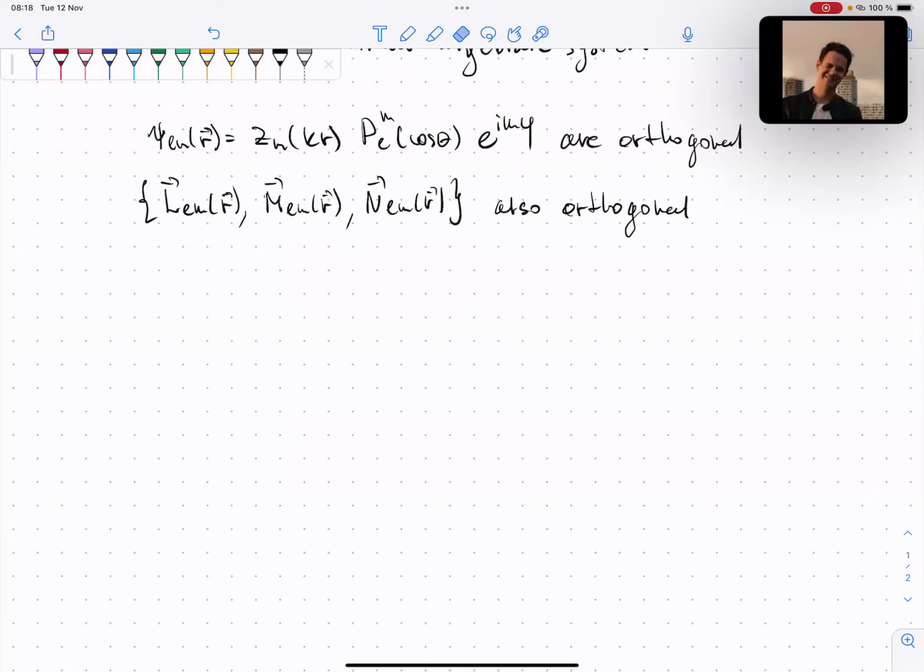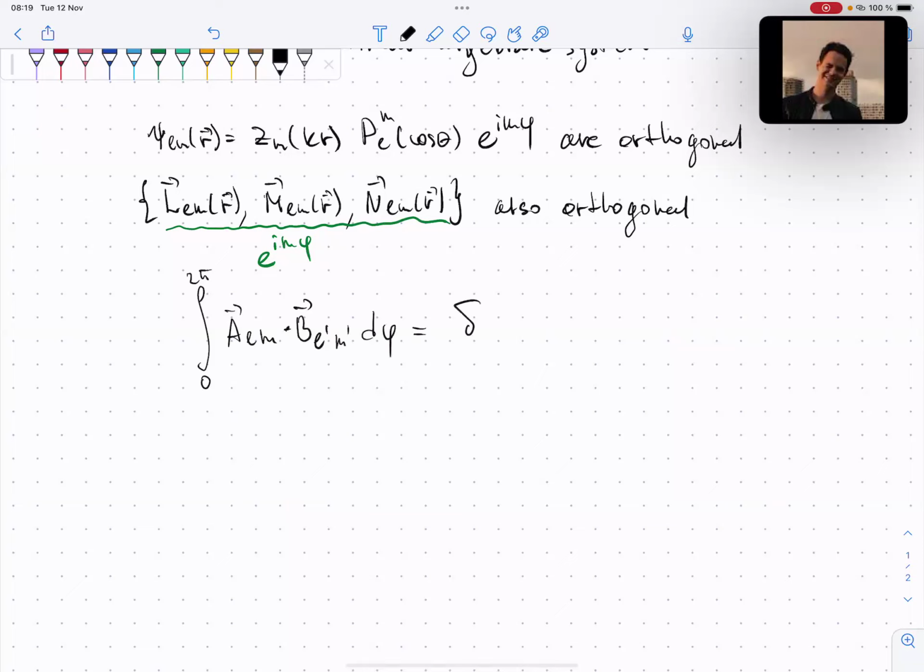For example, you remember that all of these functions have some exponent i m phi as the azimuthal angle dependence, and so on the interval from 0 to 2 pi, for any two arbitrary functions with indices l, m and l prime, m prime, this integral will give delta m m prime multiplied by some other function of r and theta.